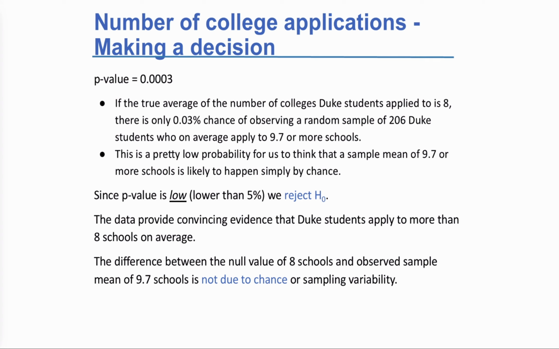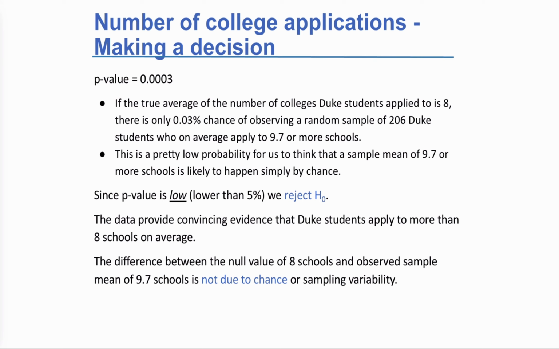Okay, so we get a p-value of 0.0003. If the true average of the number of colleges Duke students apply to is 8, there is only a 0.03% chance of observing a random sample of 206 Duke students who on average apply to 9.7 or more schools. That's a pretty low probability for us to think that a sample mean of 9.7 or more is likely to happen simply by chance.